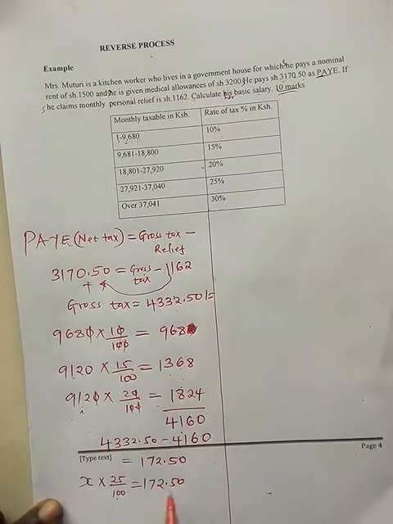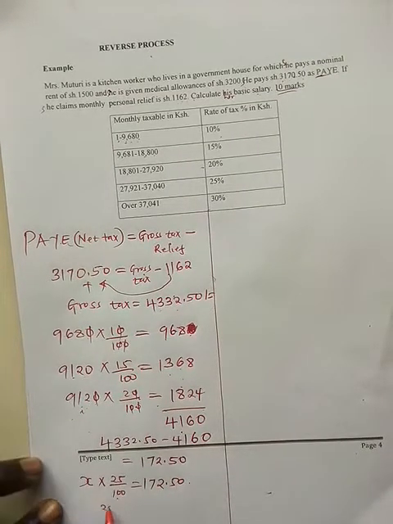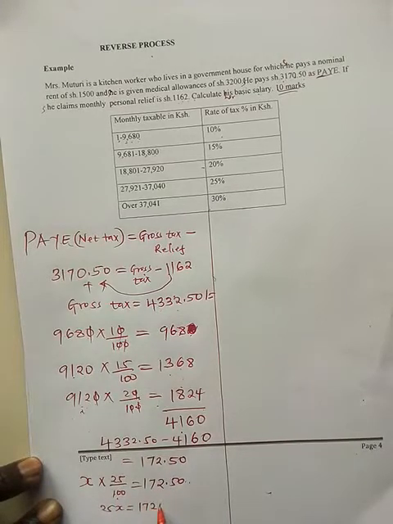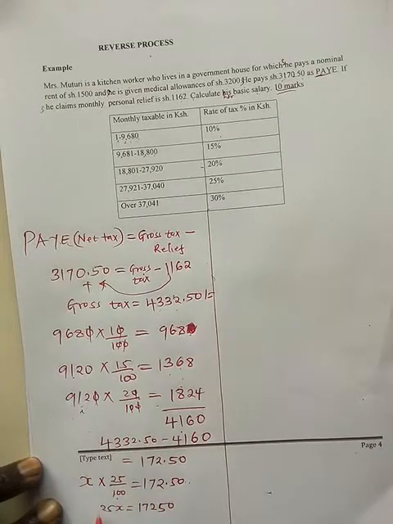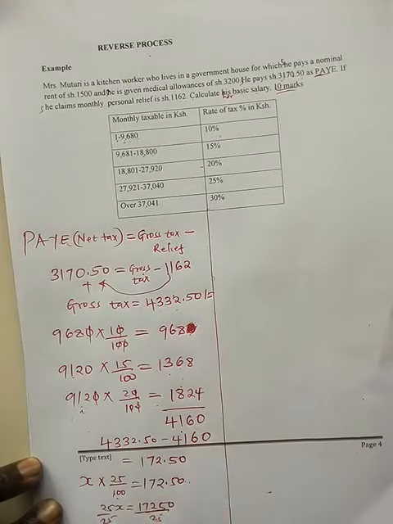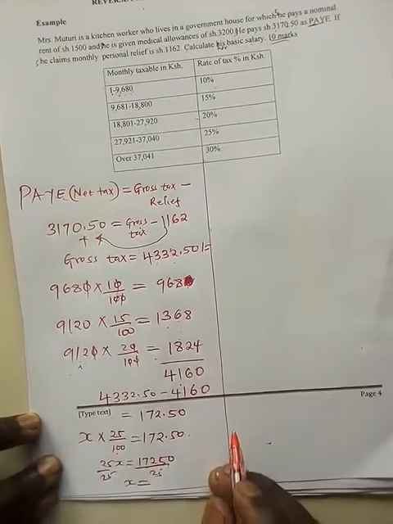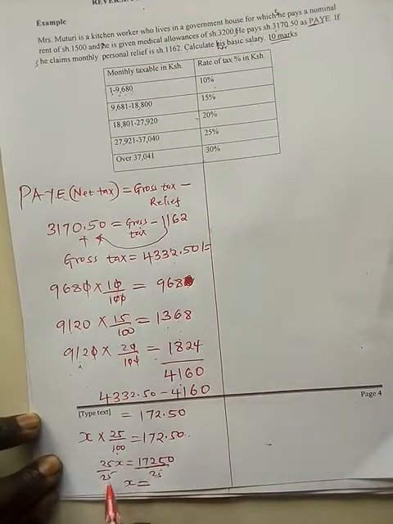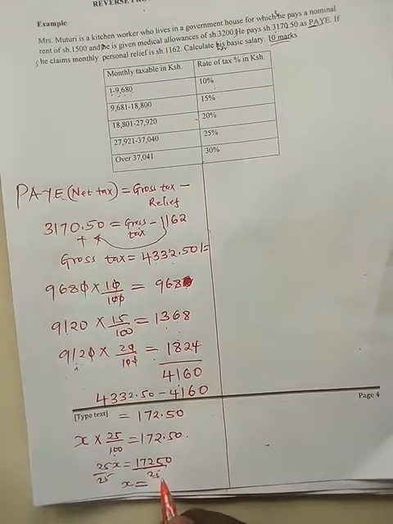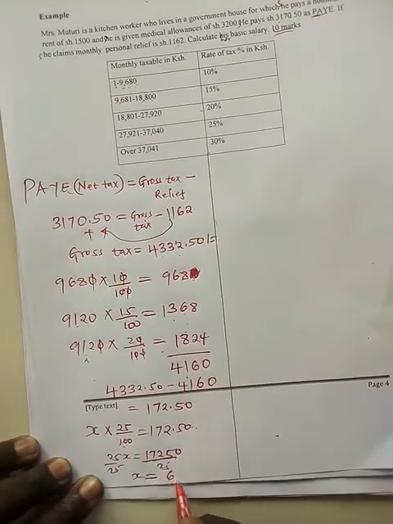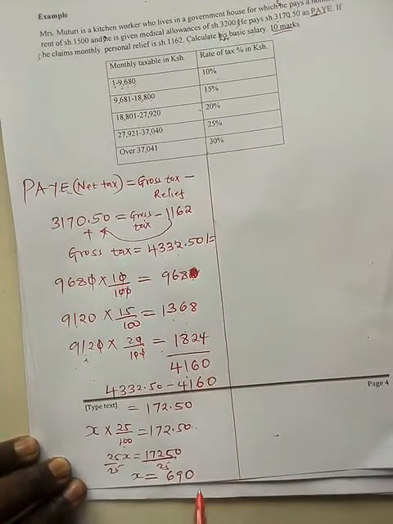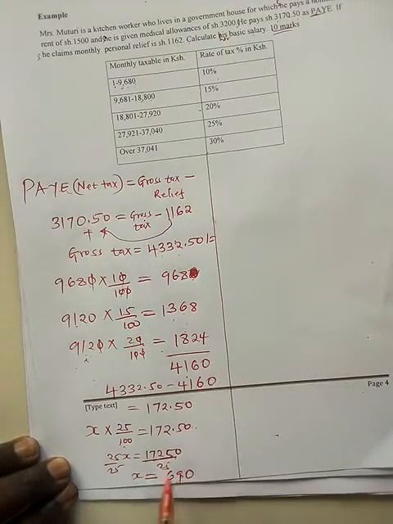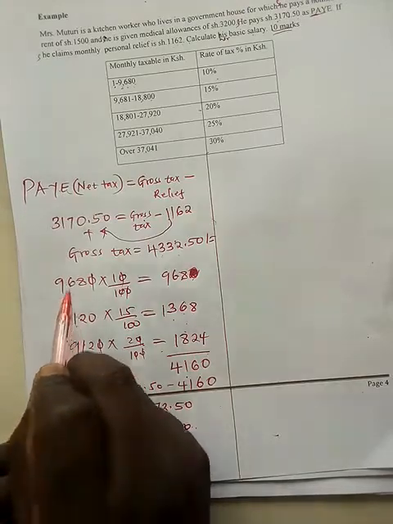So 25x equal to 17.250. So ukidivide by 25 both sides, x itatupea, so take your calculator, it will give you 690.